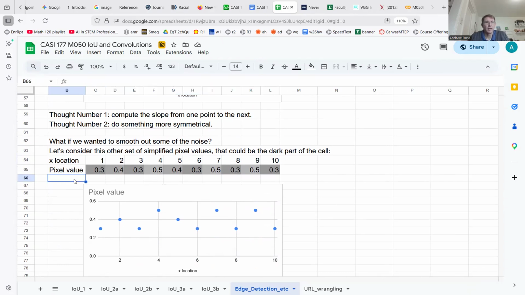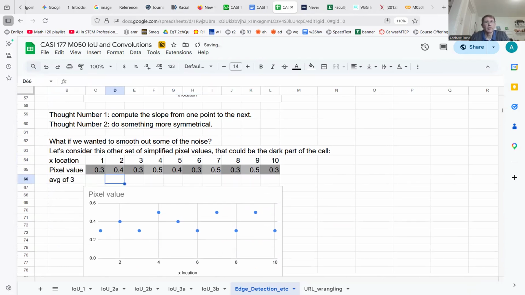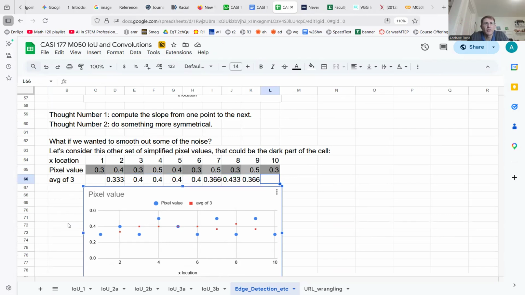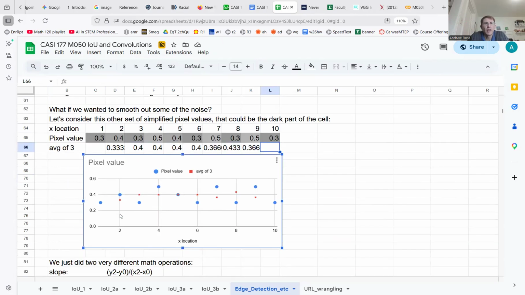So we could take the average of these three pixel values and do that everywhere. Again, it's harder to think about what to do at the edges of the image, but don't worry about it. There are ways of dealing with that. And here we've got these red dots for the average of three. Would you agree that those bounce around vertically less than the blue dots do? So we've smoothed out some of the randomness, or some of the noise.